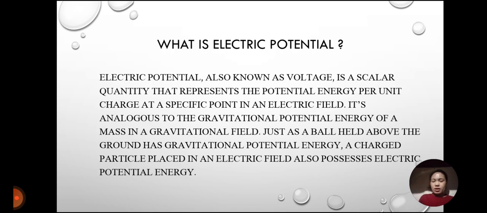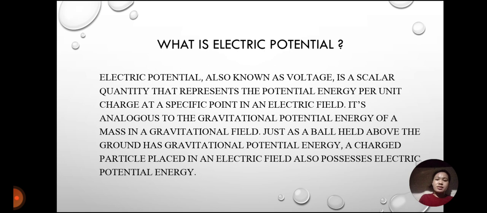So what is electric potential? Electric potential, also known as voltage, is a scalar quantity that represents the potential energy per unit charge at a specific point in an electric field. It's analogous to the gravitational potential energy of a mass in a gravitational field, just as a ball held above the ground has a gravitational potential energy.